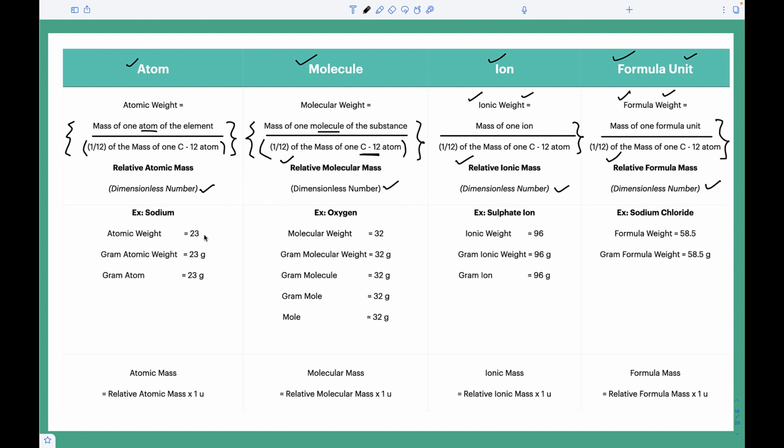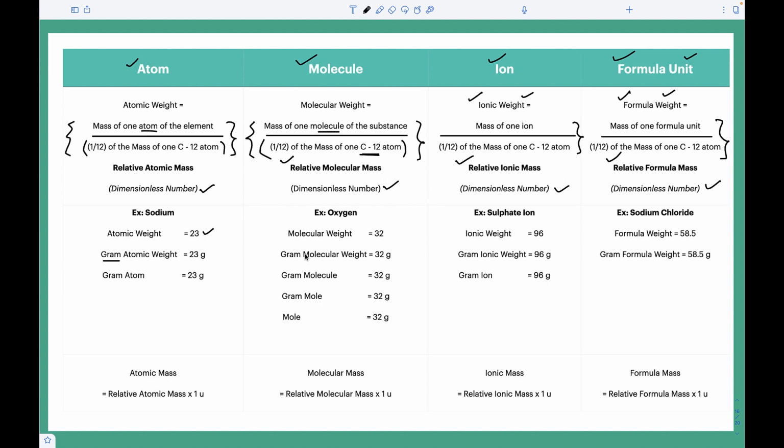Because we have added the unit gram to the right hand side of this equation, let us add the word gram to the left hand side as well. Then we have gram atomic weight of sodium is equal to 23 grams. So, gram atomic weight of sodium is its atomic weight in grams.